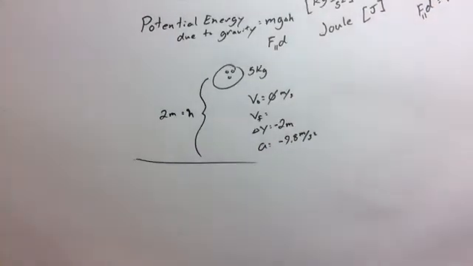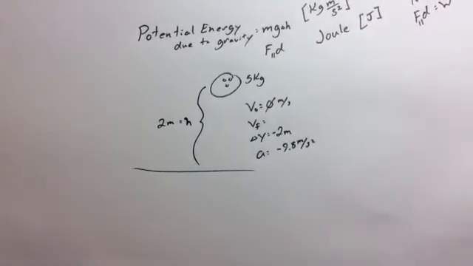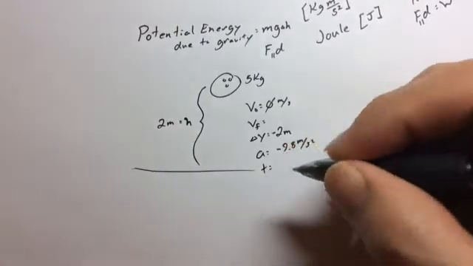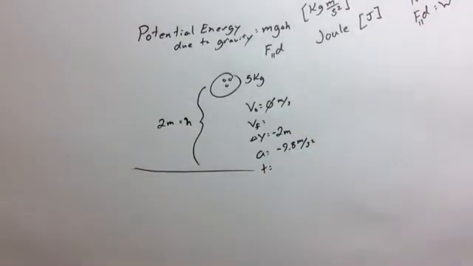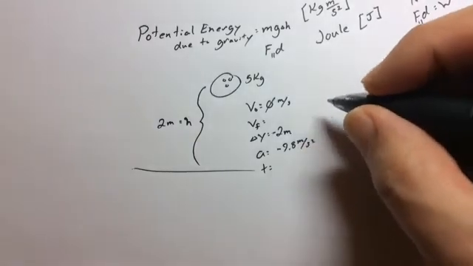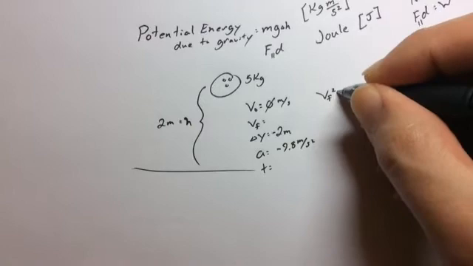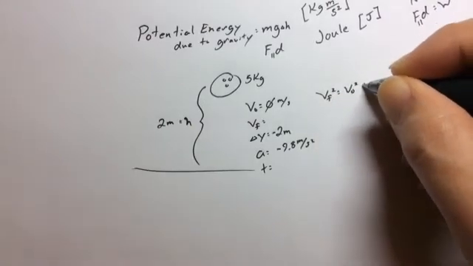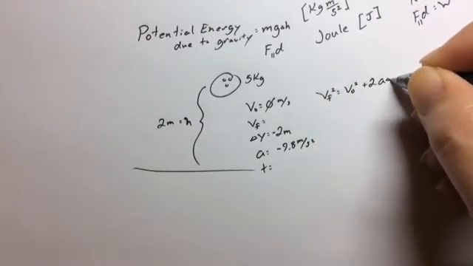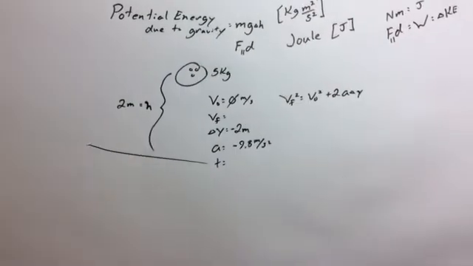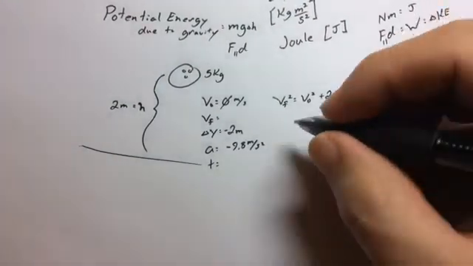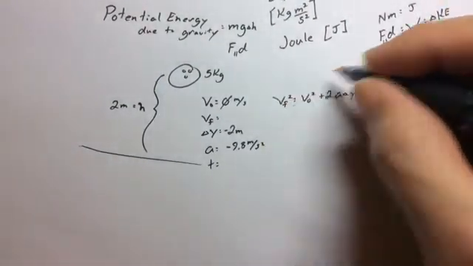Okay? So, be careful. And then you say, oh yeah, it falls for a certain period of time, and you'd go through this process of making the list, then look at the board, remember the 3 equations, and say, okay, which one is going to fit here? How do I find final velocity if we don't have time? Well, one equation works out for that, so you'd write it down: v squared equals v initial squared plus 2a delta y in this case. We want to find the final velocity, so we're going to square root the right side.